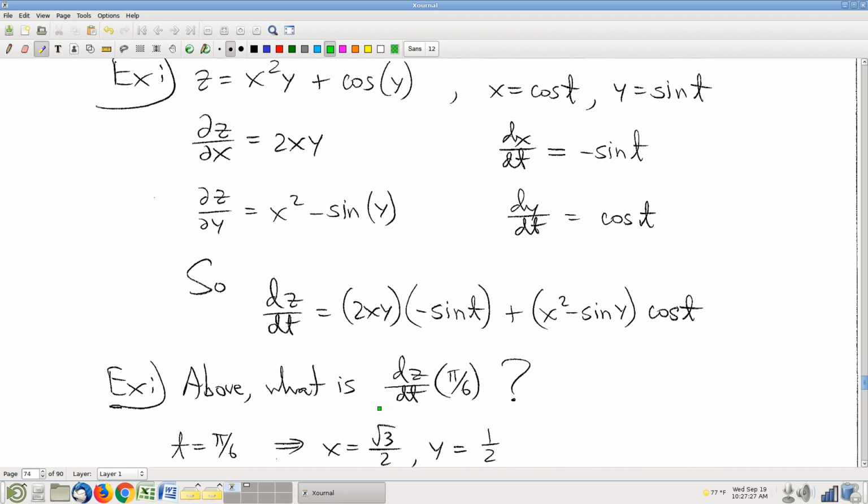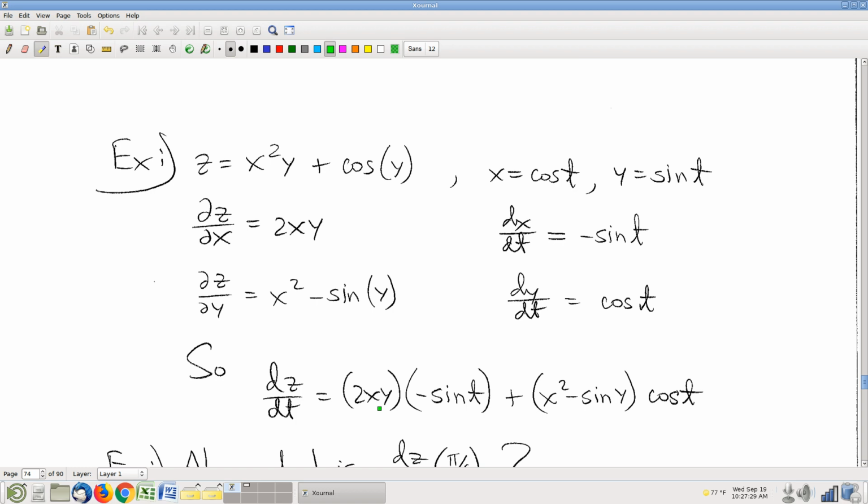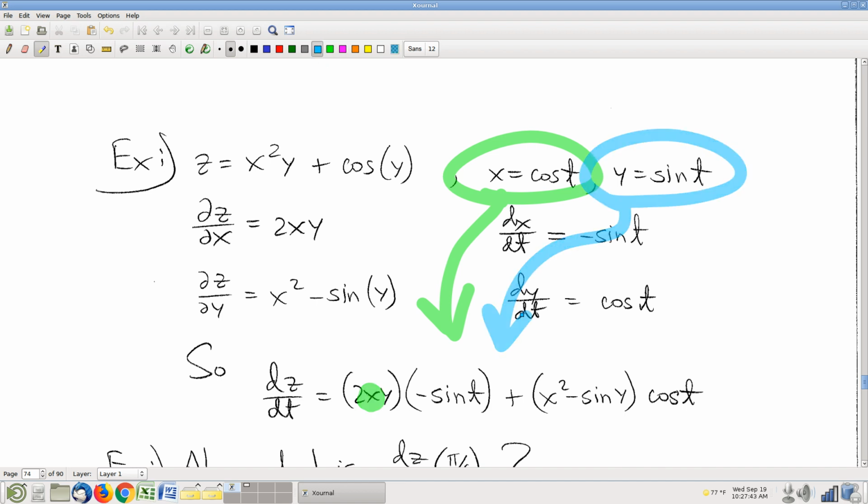Now, so what do you do? Well, one thing you could do, and I don't really encourage this, but I suppose you could do this, and this wouldn't even really be such a bad thing. You could take x as a function of t and stick that into here, and you could take y as a function of t and stick that into there. Oh, I forgot some x's. There's another x. You could plug in and turn this formula that we have for dz/dt, which is arguably a little sloppily written in terms of different echelons of variables, and you could plug in and get everything as a function of t.